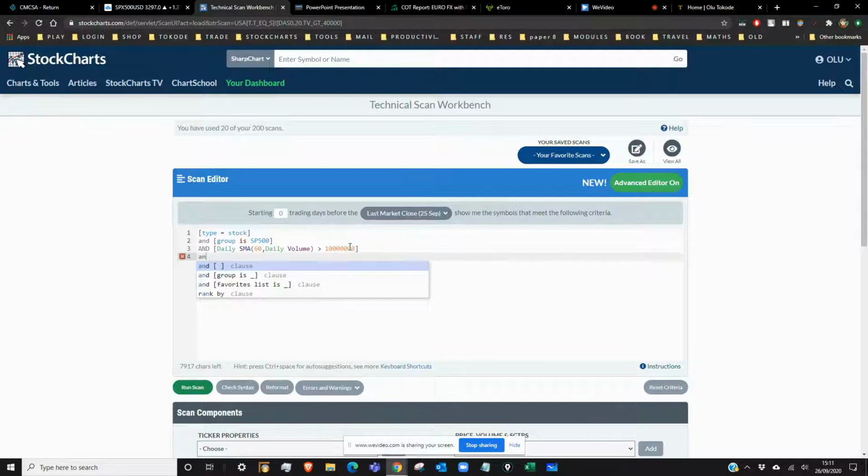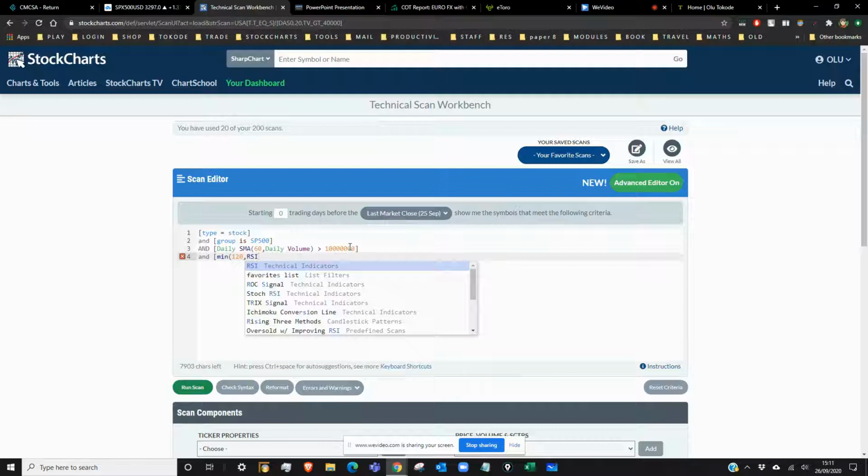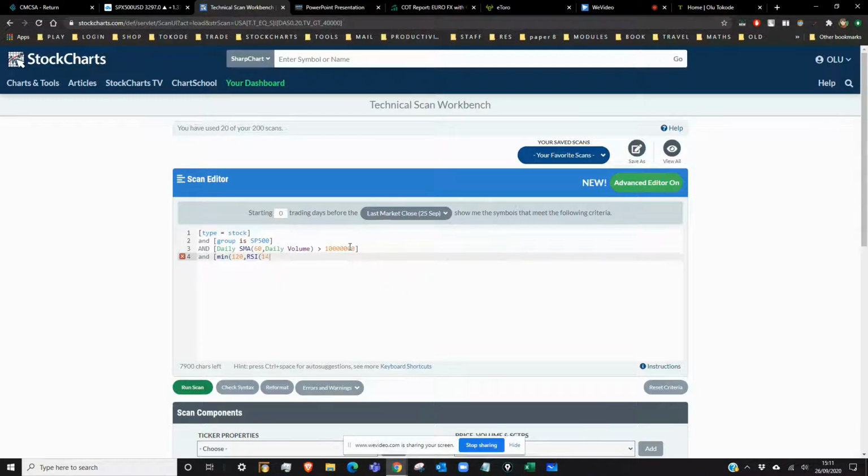And these stocks will have a minimum RSI over the past 120 days of 40. Yes, RSI 14. I'm terrible at coding.